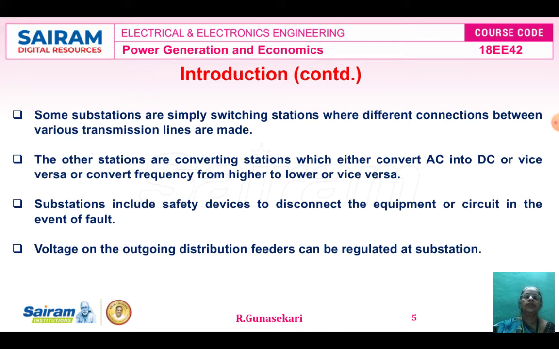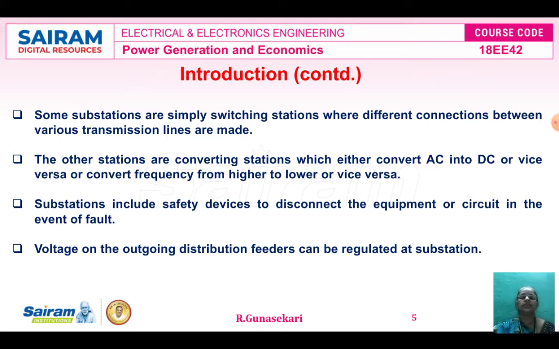Then some substations are called switching stations. Why are they called switching stations? In these stations only, the different connections between the various transmission lines are made. That's why some substations are called switching stations.